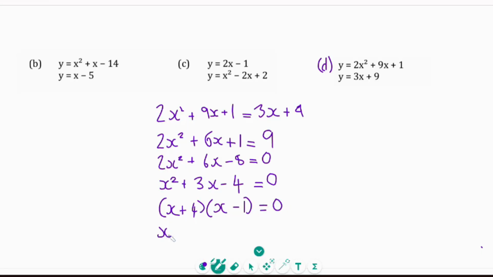Solve. Put it back into this equation here.